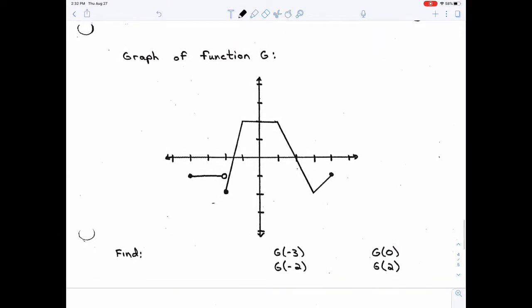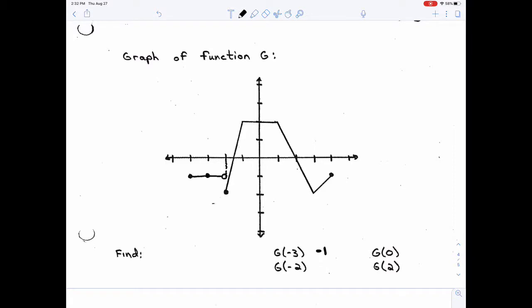Okay. Find the g of negative, again, this is one graph. It's got several parts, but it's one graph. Find the g of negative 3. Let's go over to negative 3. And there's the point on the graph that's got an x value of negative 3, and that's down at negative 1. Okay, the g of negative 2. Okay, I'm going to draw a dashed line here again. Okay, I'm at an x value of negative 2 going down.